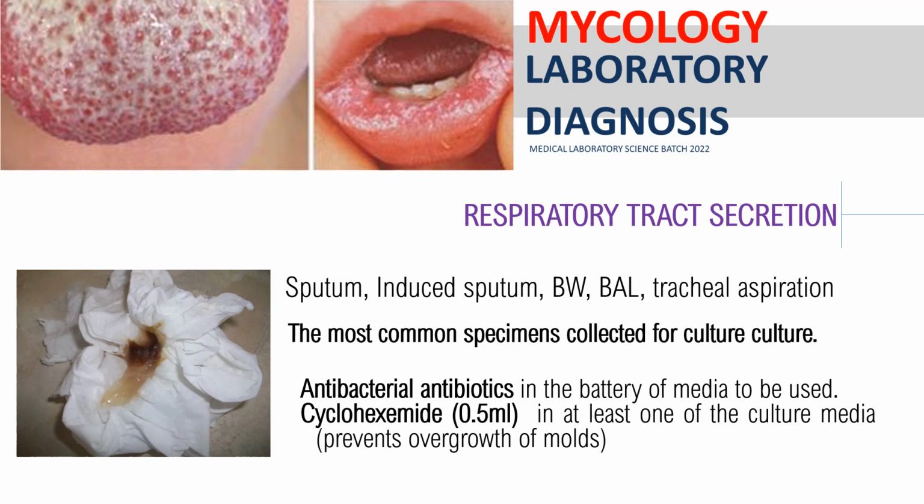But for now, in order for us to prevent overgrowth of molds, we can use your cycloheximide with a concentration of 0.5 ml. Paki-take note na lang class, paki-highlight yung concentration. Pag tinanong sa exam kung ano yung ginagamit natin pang prevent the overgrowth ng molds, huwag kakalimutan, cycloheximide. Anong concentration class? 0.5.